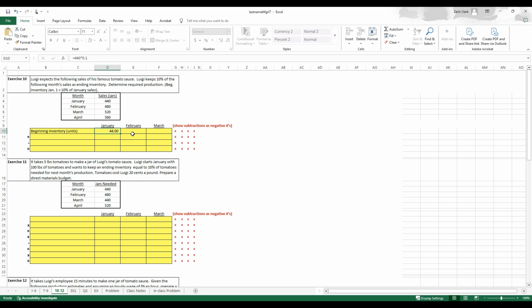If we look at the formula we use here, what we're doing is basically backing into what we need production to be.